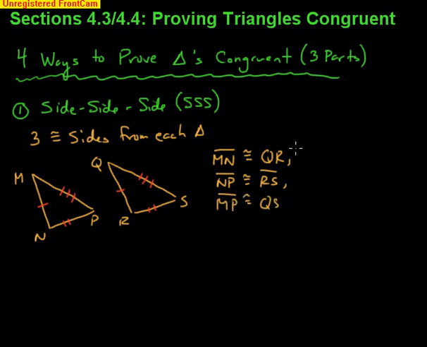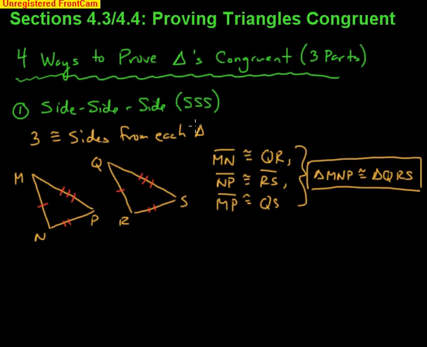Since we know these 3 sides are congruent, we can now say that triangle MNP is congruent to triangle QRS by side, side, side. There's the first way to prove triangles congruent.